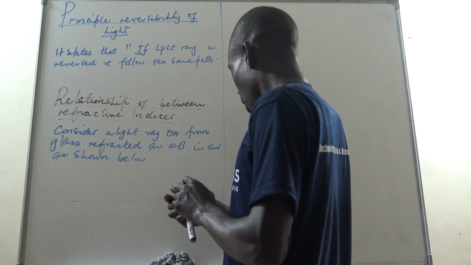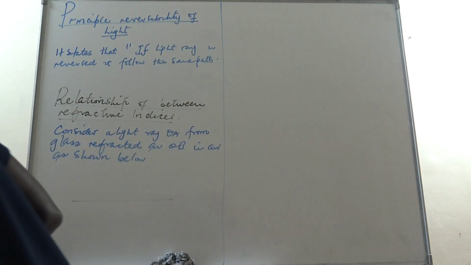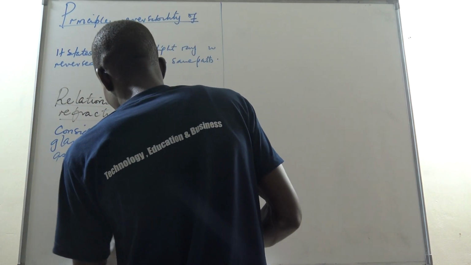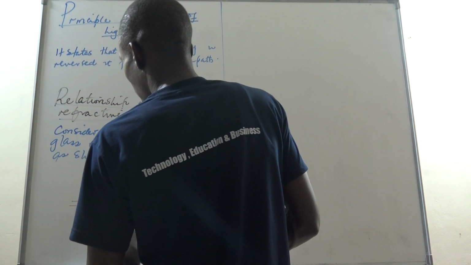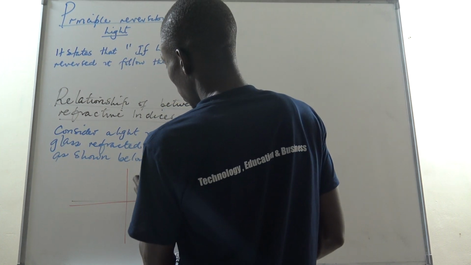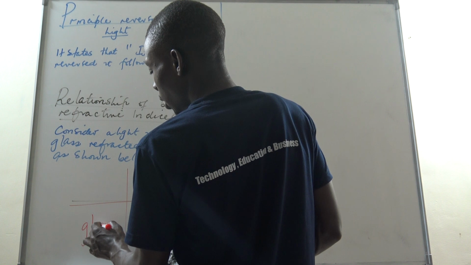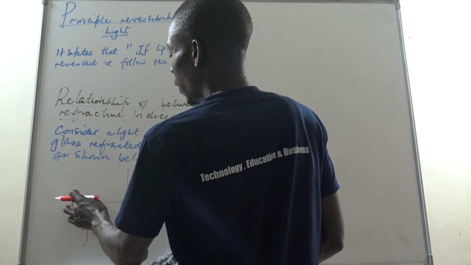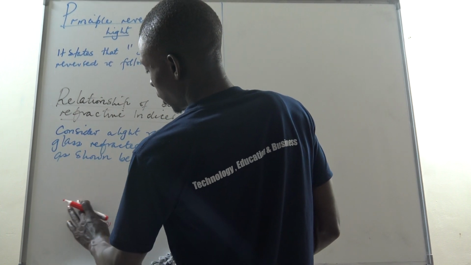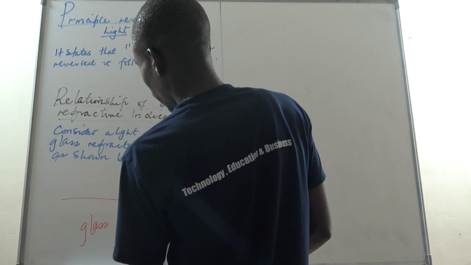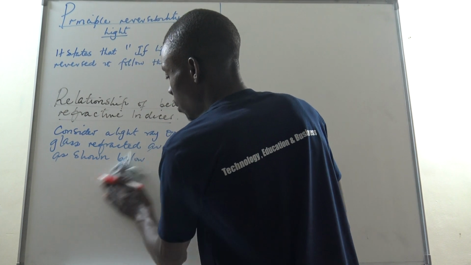Supposing I would say maybe, let me get some better pen here. This is my air that I'm talking about, and this is my glass. Okay? Let me try drawing something better.